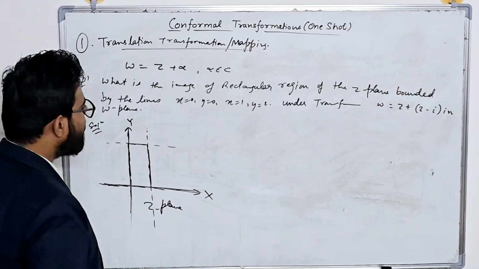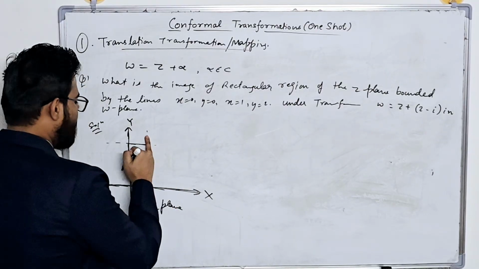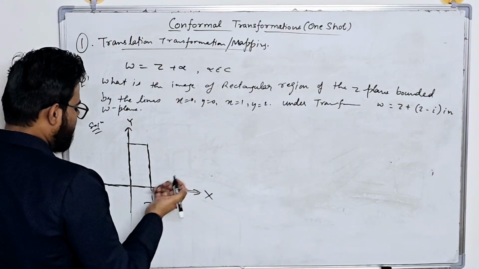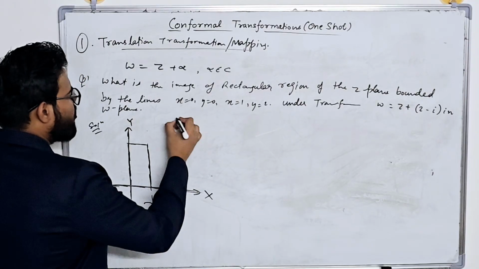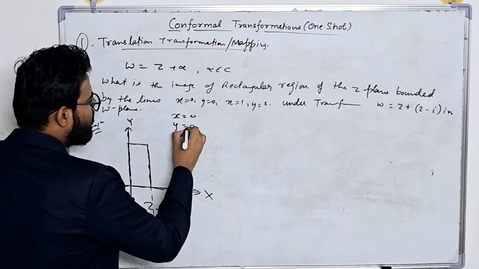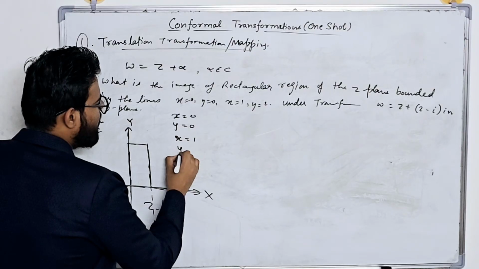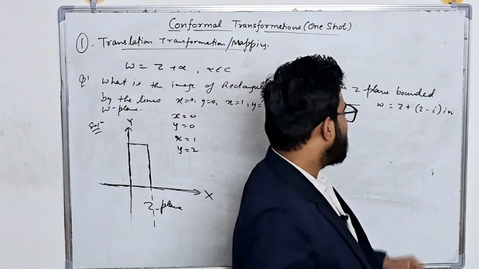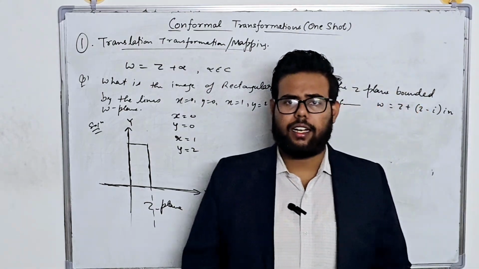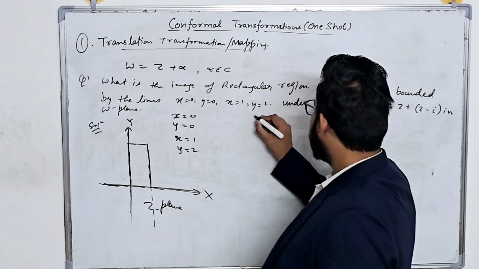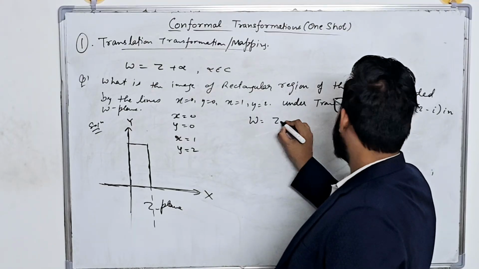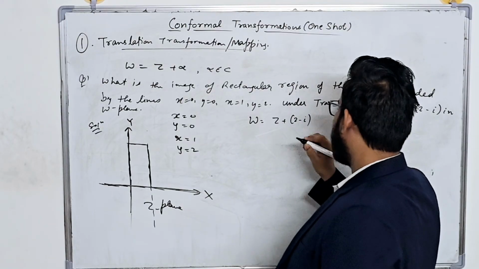Okay. So let's name the points. Well, we don't need it actually. Okay. So x is equal to 0, y is equal to 0, x is equal to 1 and y is equal to 2, right? Now we know this transformation that w is equal to z plus 2 minus i, right?